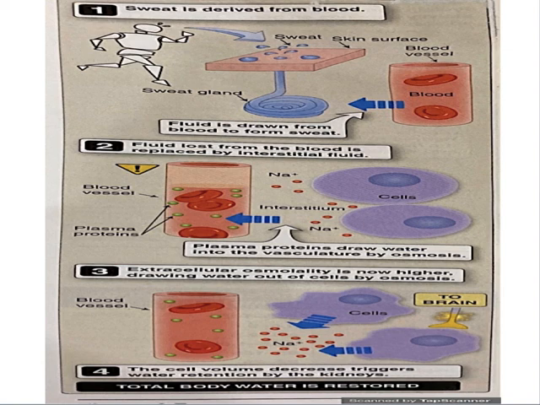You can see that if the person is excessively sweating, then how do our kidneys help in maintaining the water homeostasis of our bodies?